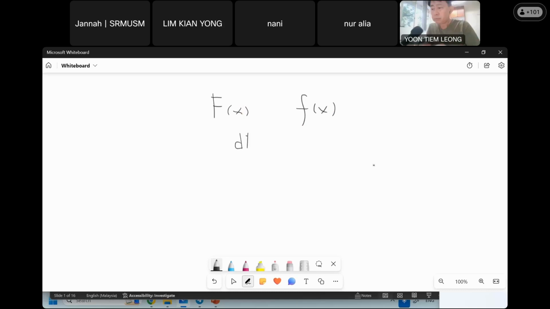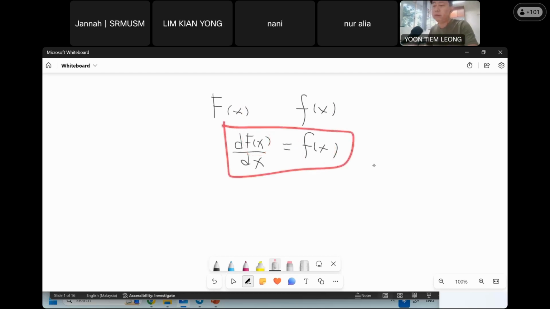The antiderivative is such that d/dx of the capital function F gives you this f. So this formula tells you that capital F and small f are related by this very simple formula, because capital F is the antiderivative of small f.